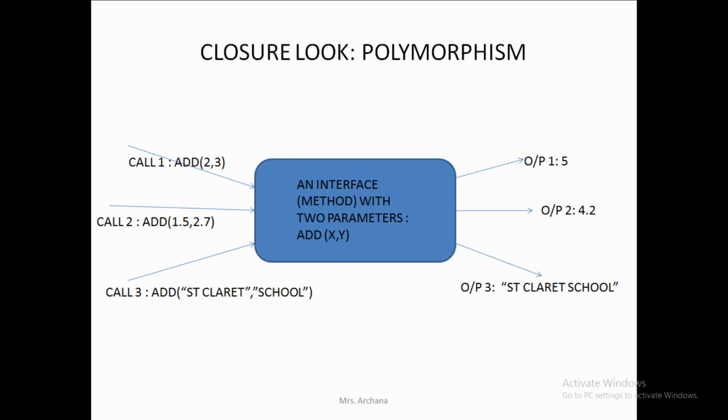In this slide, add is a method which can add integers, doubles, and strings. This is the integer value, this is the double value, and this is the string value. Java achieves polymorphism using function overloading and function overriding.